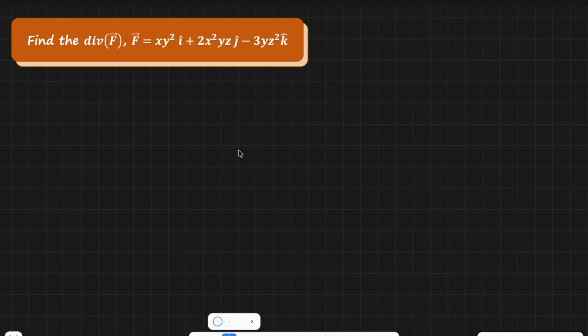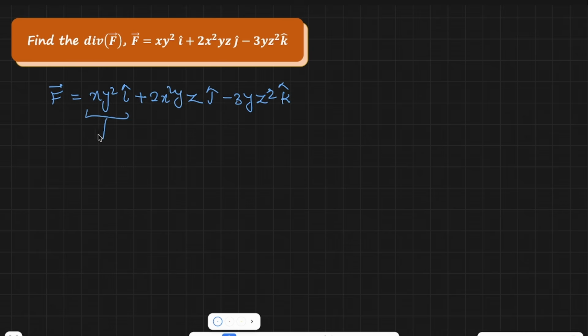Let's come to the next question. Let's say I have this f vector and I want to find the gradient of this. Sorry, the divergence, not the gradient. Let's take the divergence of this. How to find the divergence? In this case, divergence of f, where f is equal to xy square i cap plus 2x square yz j cap minus 3yz square k cap.